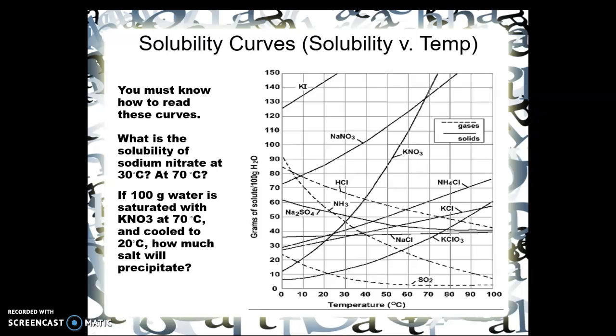And then if you chill it to 20 degrees, what does it have in it? Well, potassium nitrate, about 32, 33 grams. So you subtract the 32, 33 from the 140, and you get your answer of how much will precipitate. So be familiar with that. It's the kind of question you can be asked.